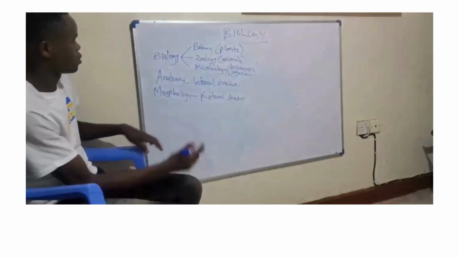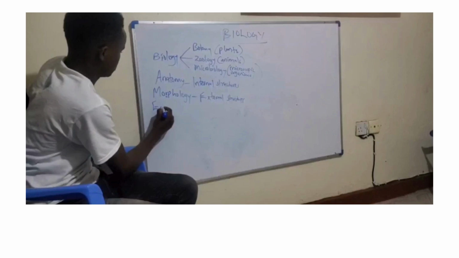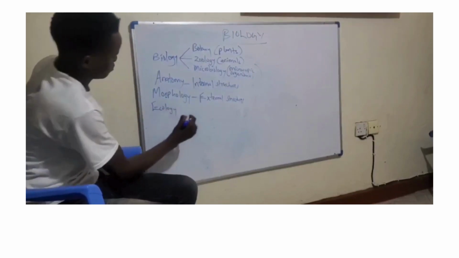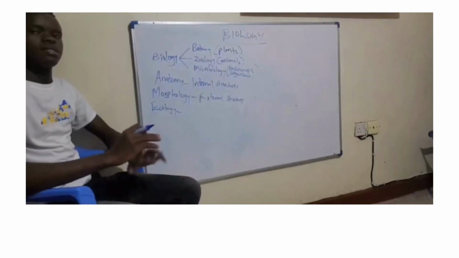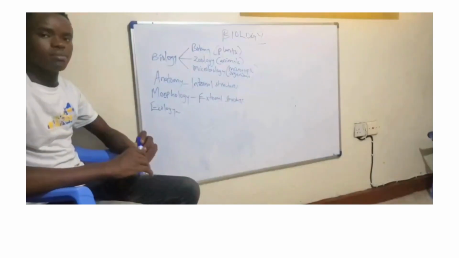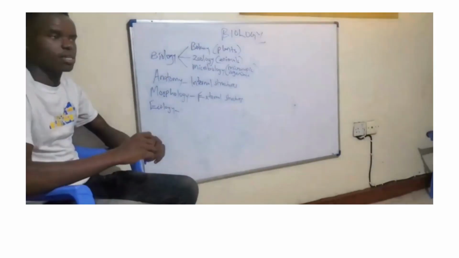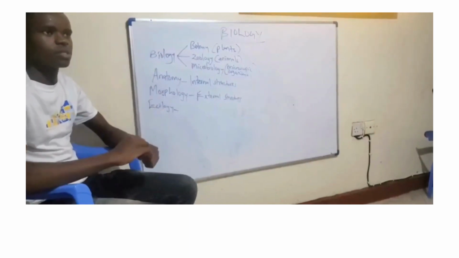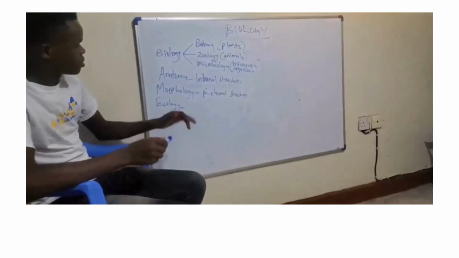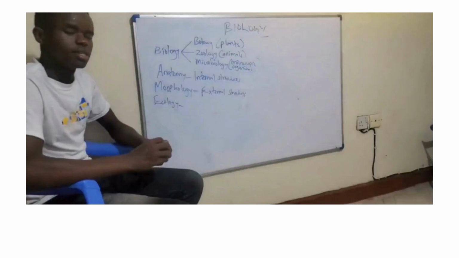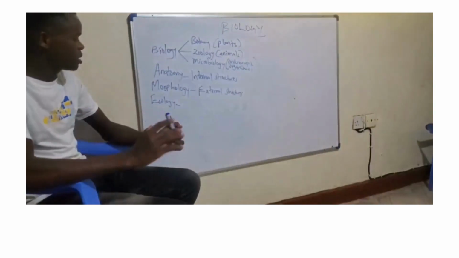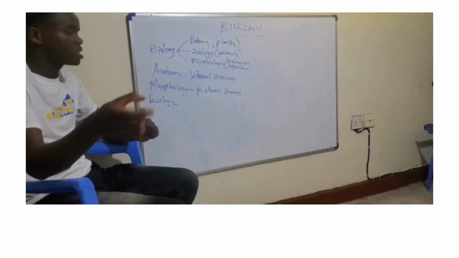Now we go to ecology. What is ecology? Basically, a living organism at a particular point has to occupy a geographical area or a specific position. So when you talk of ecology, it's just the relationship between that organism and its environment.